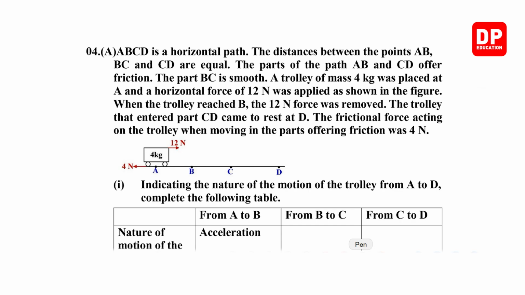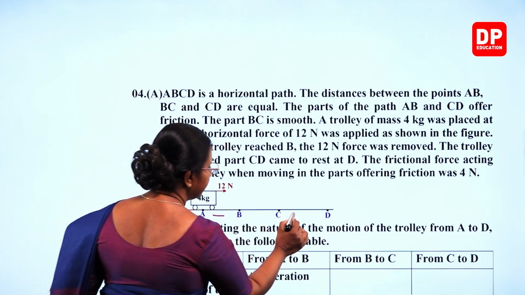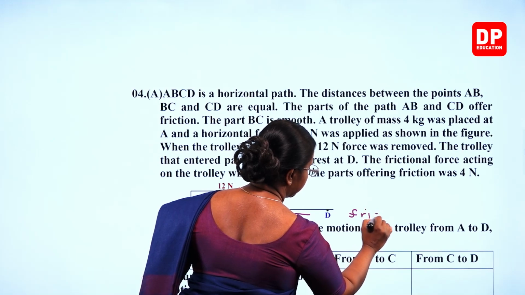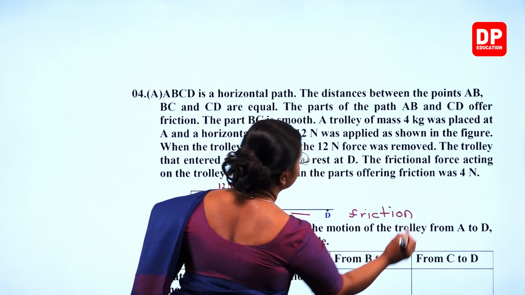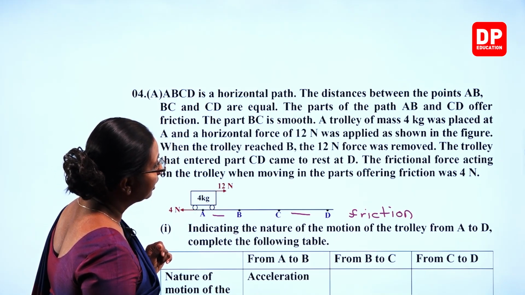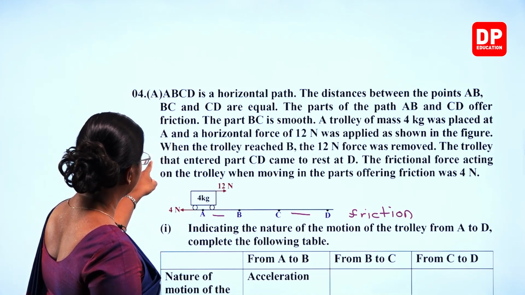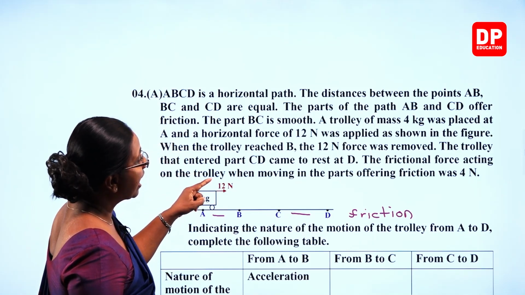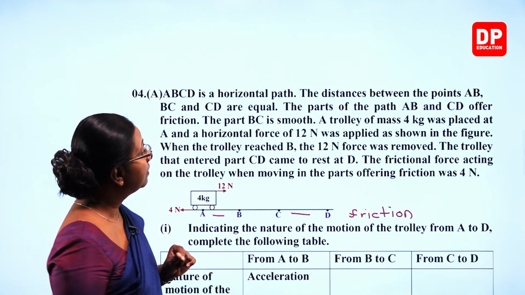The parts of the path AB and CD offer friction. So this part and this part offer friction. There is friction. A trolley of mass 4 kg was placed at A and a horizontal force of 12 Newton was applied as shown in the figure.